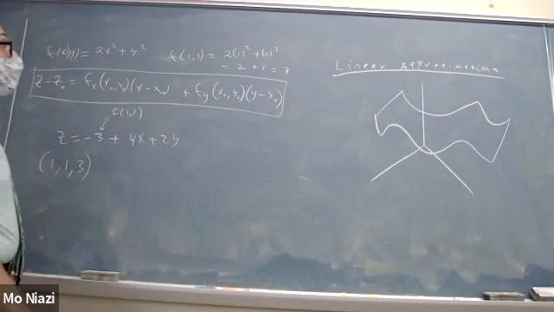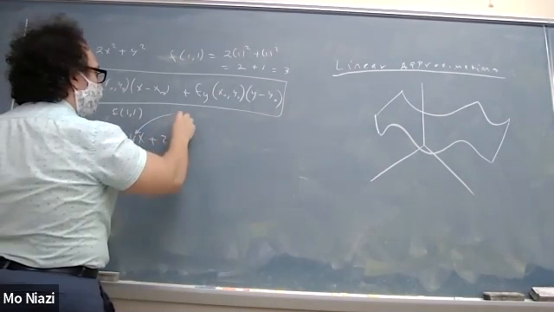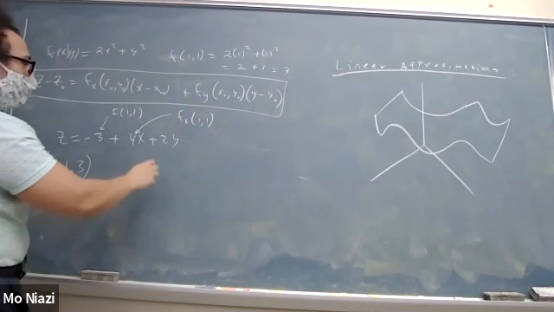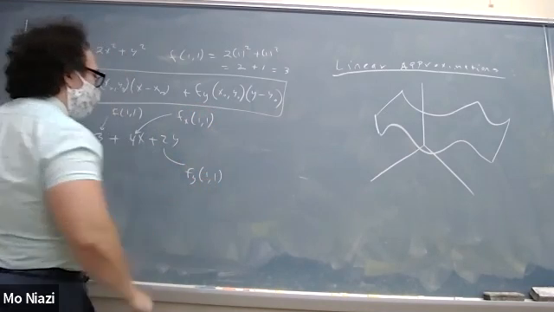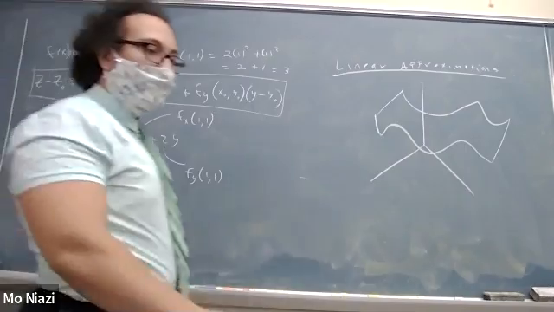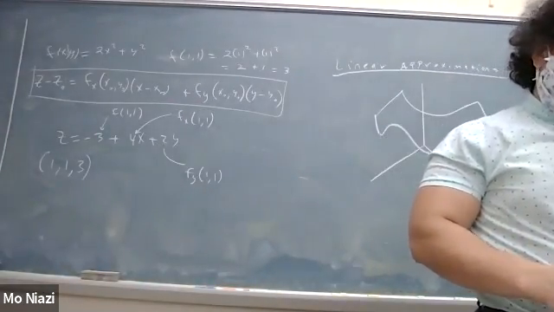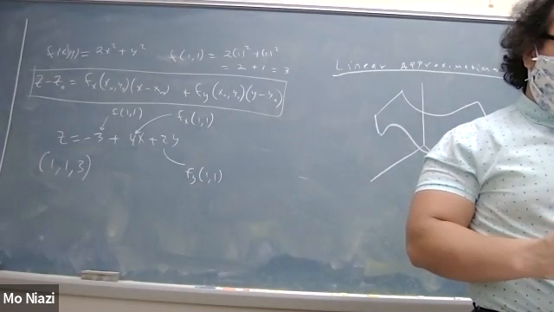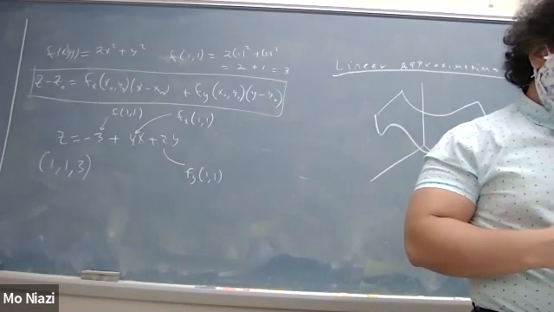Then we noticed that this term 4 came from where? And this term here came from this. So our linearization is really just the same thing as this equation for the tangent plane.